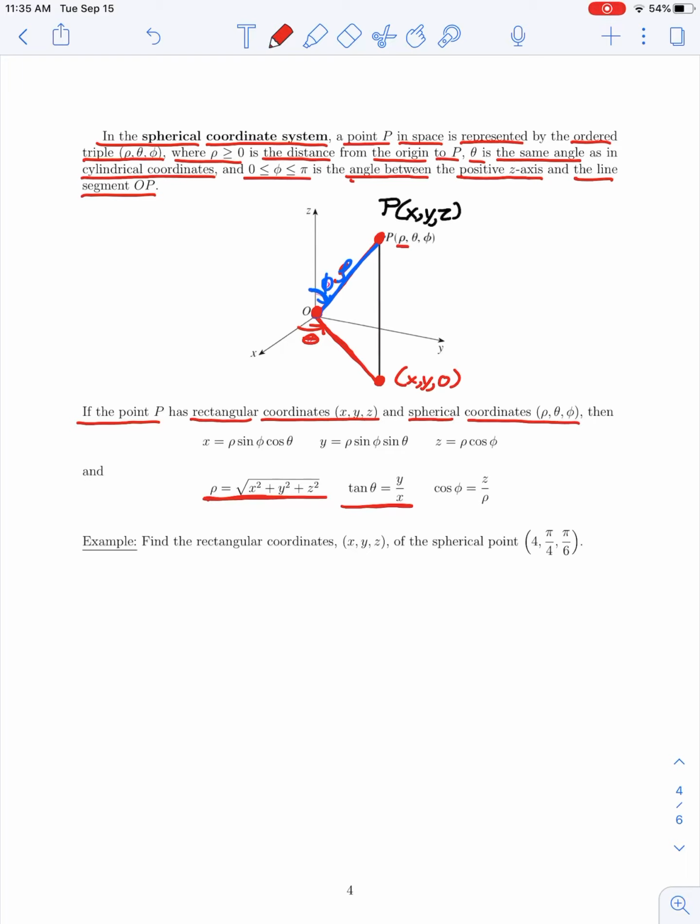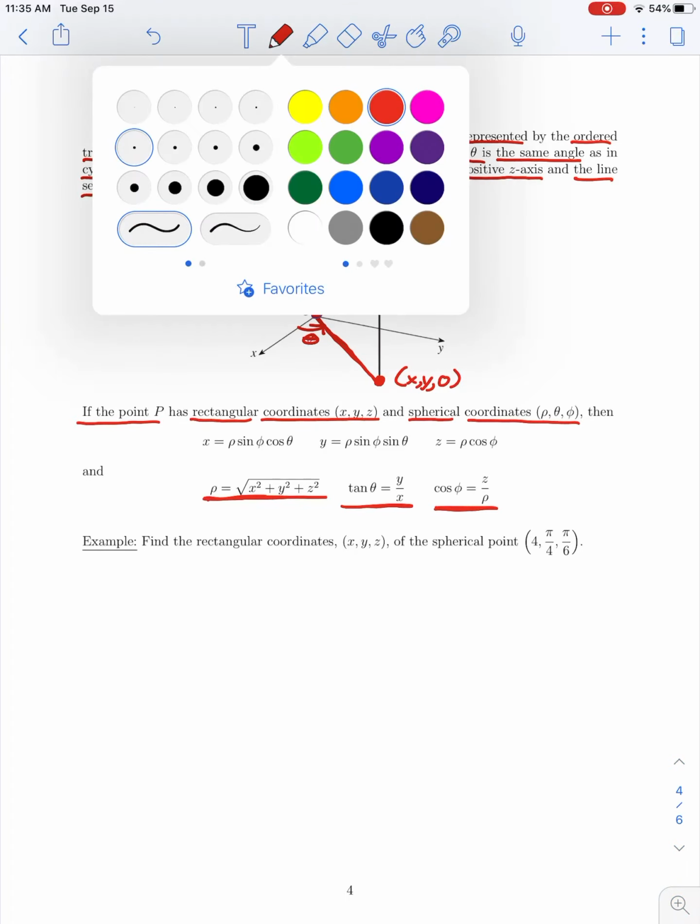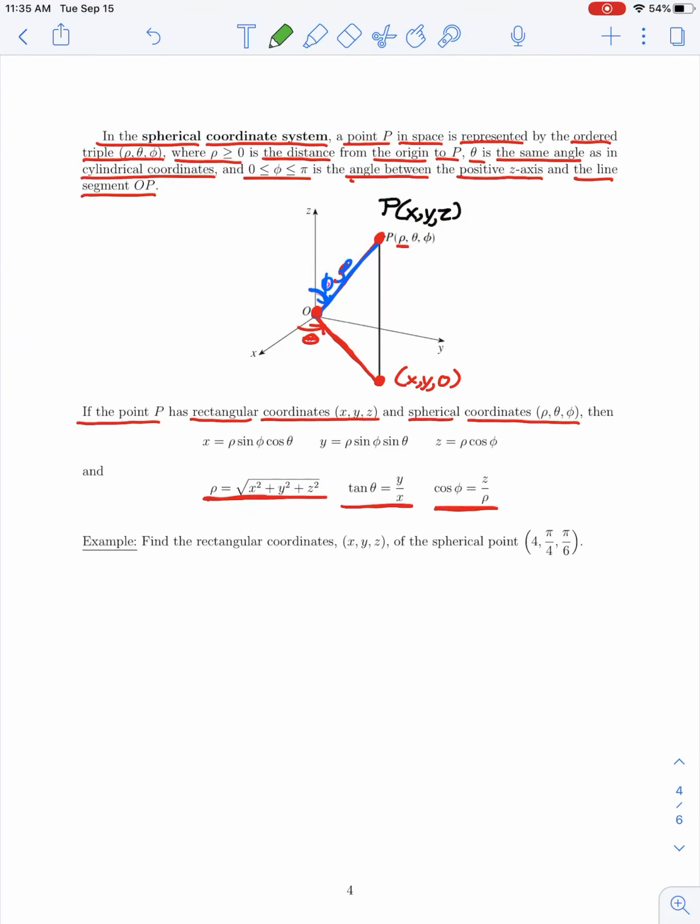And the last value would be, how do we find phi? Well, cosine of phi is given by the ratio z over rho. Let's think about why. So if we sketch a little triangle in here.